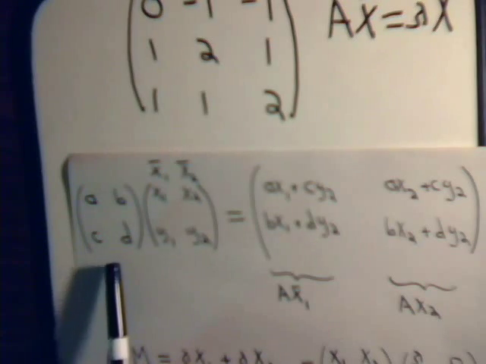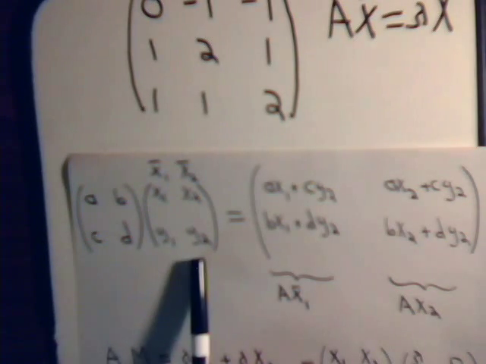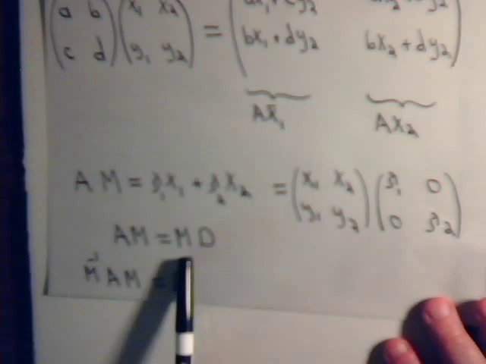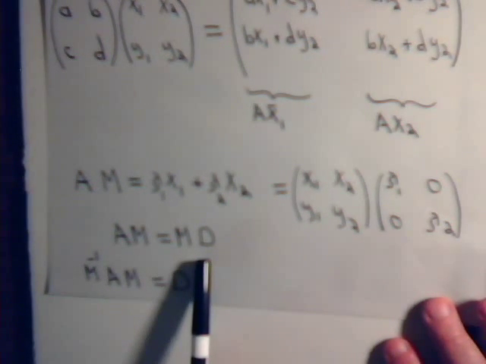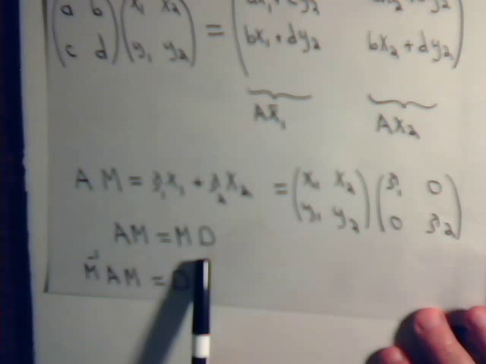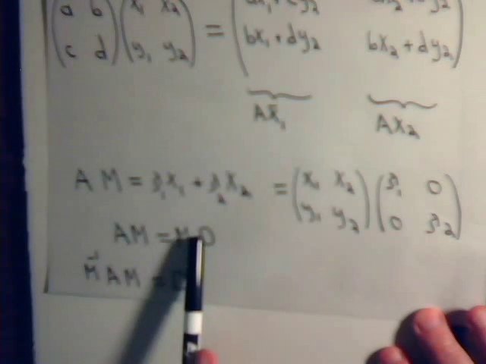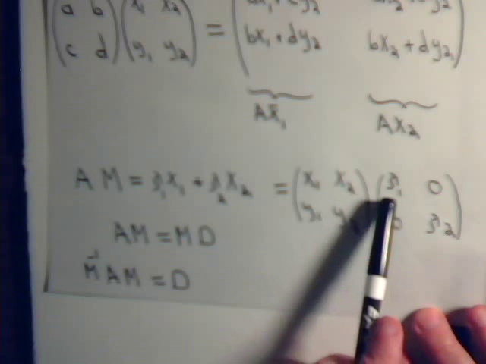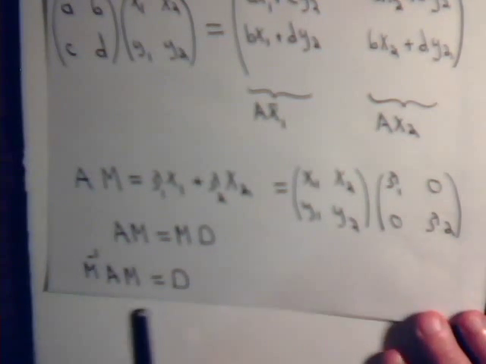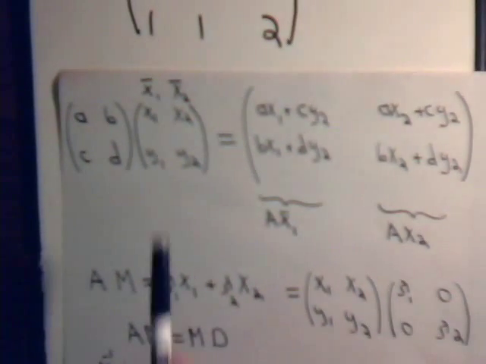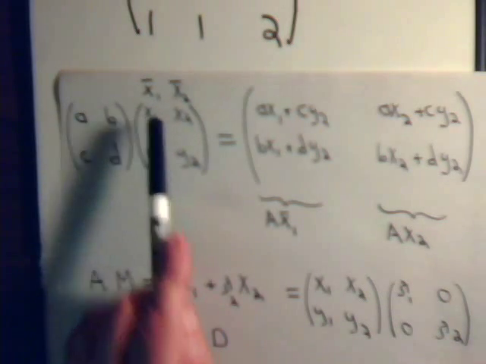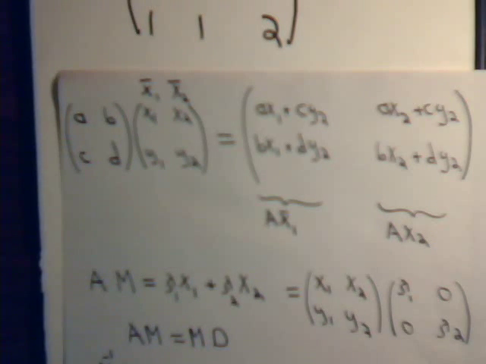And matrix A times matrix M equals matrix M times a diagonal matrix. Remember, the diagonal elements of the diagonal matrix are simply the eigenvalues associated with these two eigenvectors. Again, we discussed that in a lot of detail in videos 18 and 19.